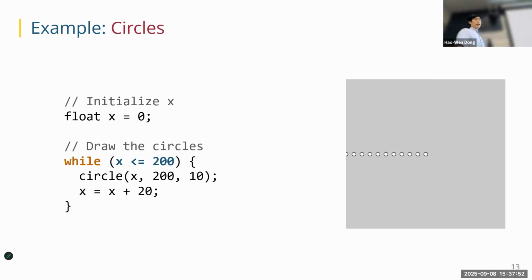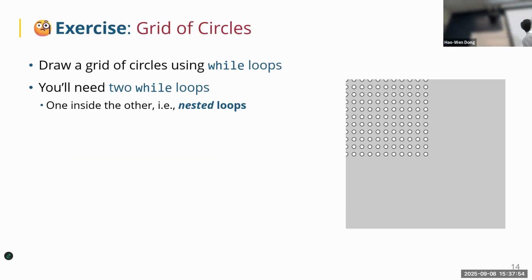Now we want to do a grid of circles. We want to get from 0, 0 to 200, 200, a bunch of circles. So now what we need is what we call nested loops. What you want to figure out is, how do you do it?